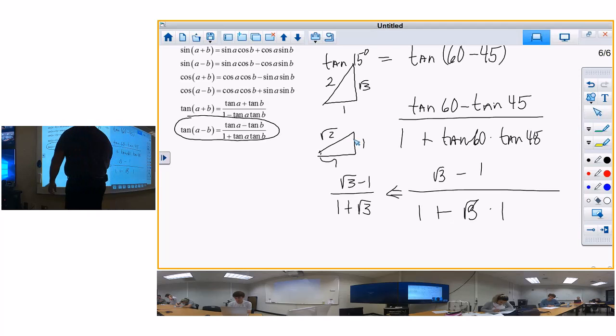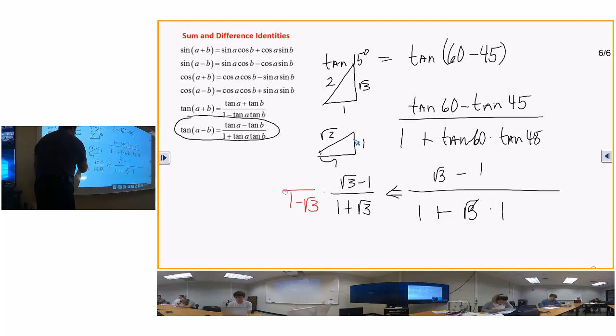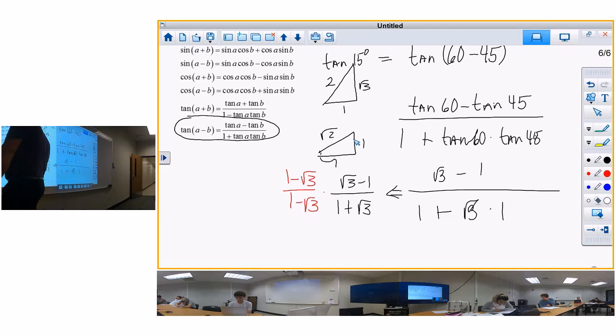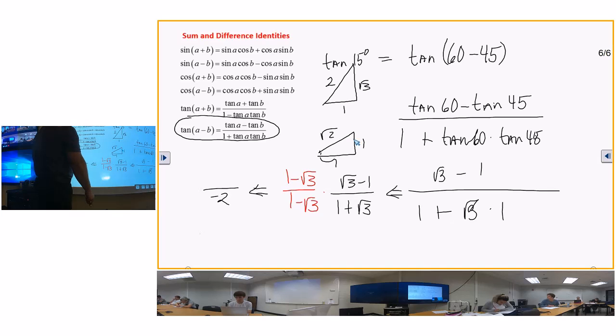1 minus square root of 3 over 1 minus square root of 3. And that's going to give us 1 minus 3 on the bottom, which is -2. And on the top, you're going to get just about the same thing.